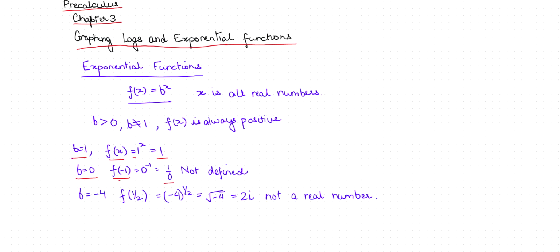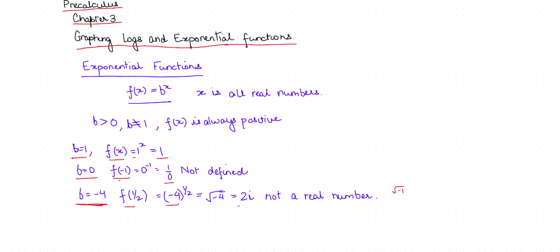Now, if we take negative values, like the base is negative 4 and suppose x is half, then negative 4 raised to power half gives the square root of negative 4. We know the square root of negative 1 is not a real number.